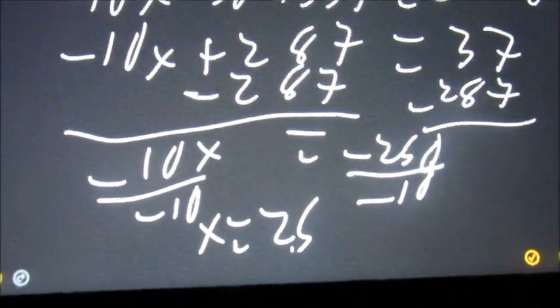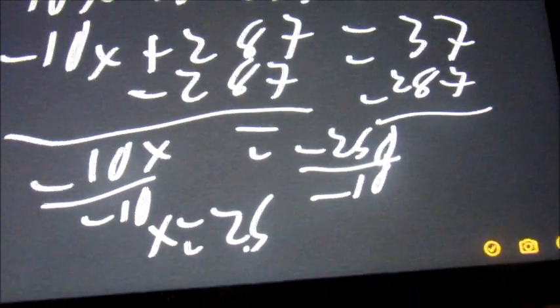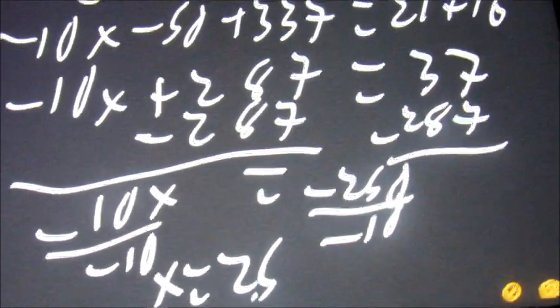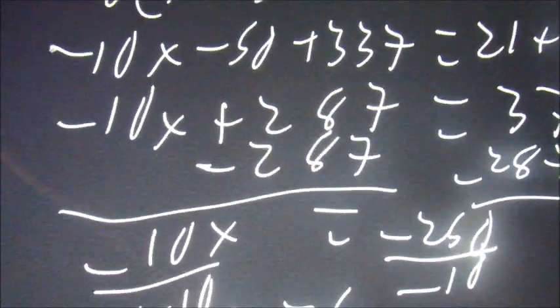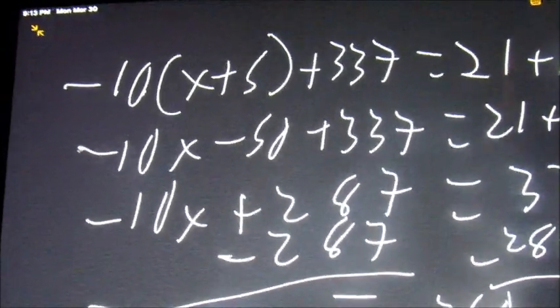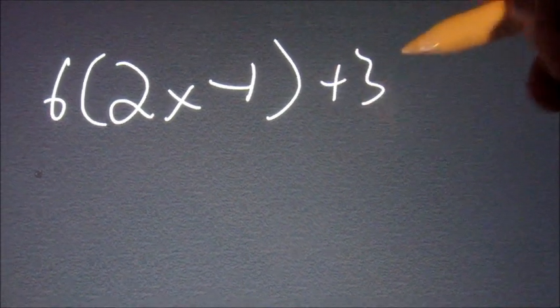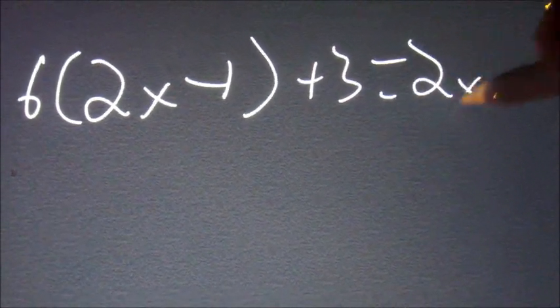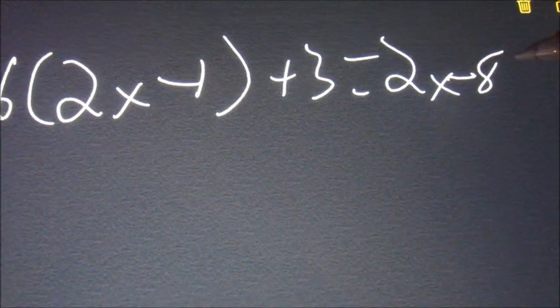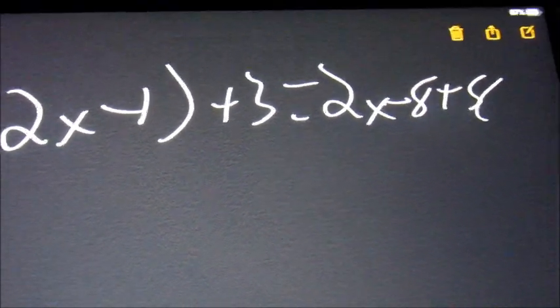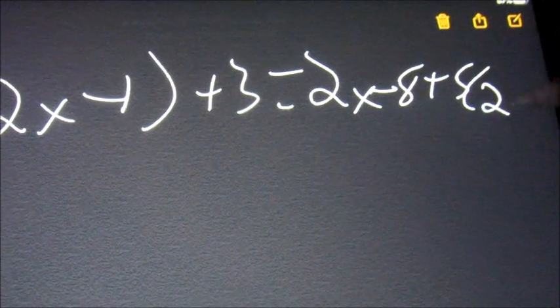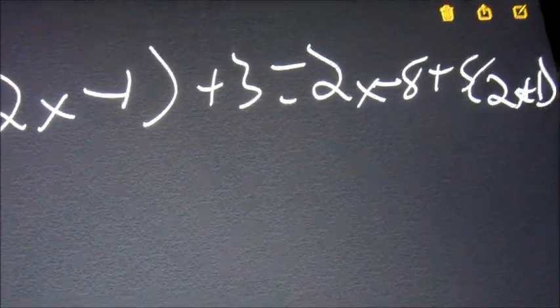Alright, so these next two have interesting answers. So for the first one, let's say we have 6(2x - 1) + 3 equals 2x minus 8 plus 5(2x + 1).